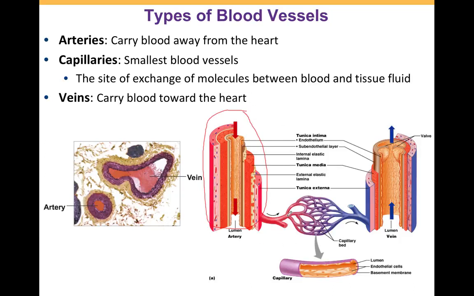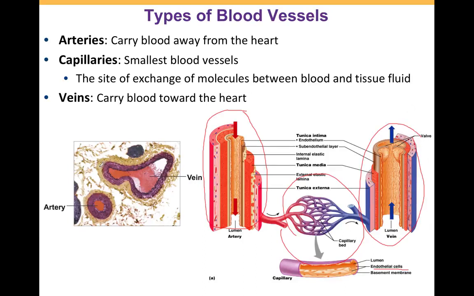Arteries, as you can see, are branching continuously until you get to your capillary network. And you see that the capillary network is made up of single layers of flattened cells called endothelial cells. And then eventually those branches are going to merge together to form your blood vessels that are returning blood back to the heart as veins.